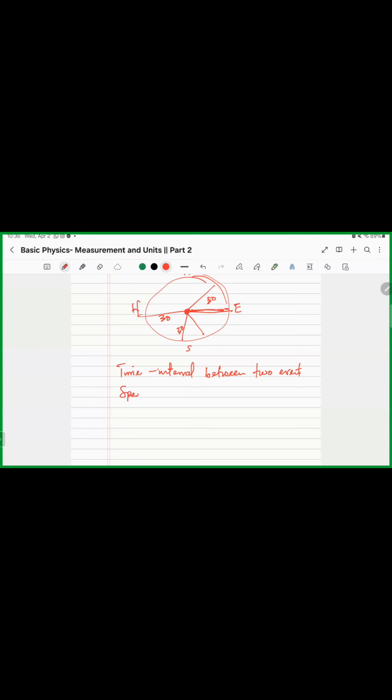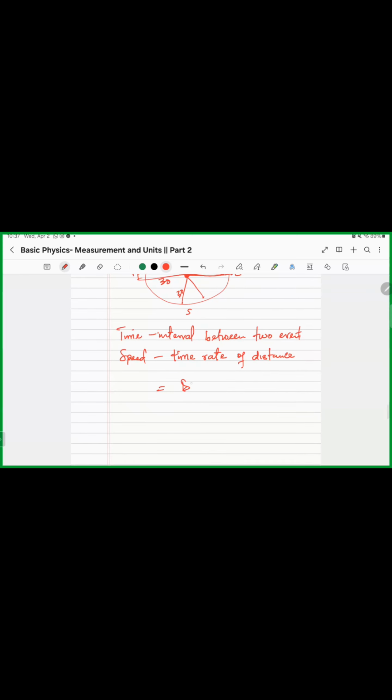I'd love you to know that speed is the time rate. Now, let me quickly discuss this. In physics, once you hear time rate, it means that thing is going to be divided by time, talking about how frequently that thing happens with respect to time. So speed is the time rate of distance. The formula for speed is distance over time.